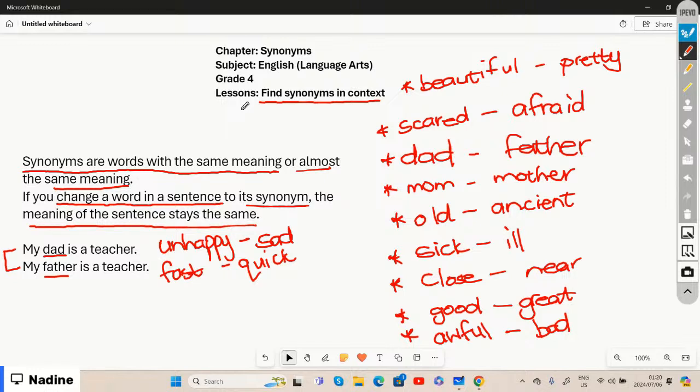If it's somebody's birthday, right? Let's say, what is another word for gift? Another word for gift. So think of another word for gift.